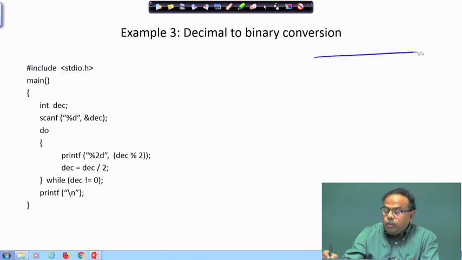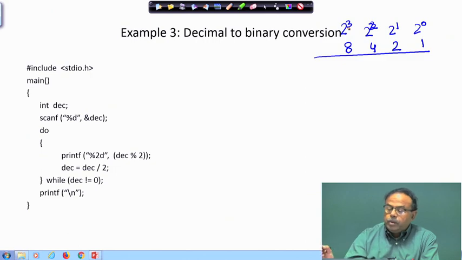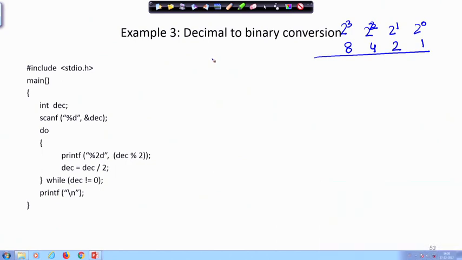Again, the weights of this system are 1, 2, 4, 8. Okay. 2 to the power 0, 2 to the power 1, 2 to the power 2, 2 to the power 3. 16 is 2 to the power 4.